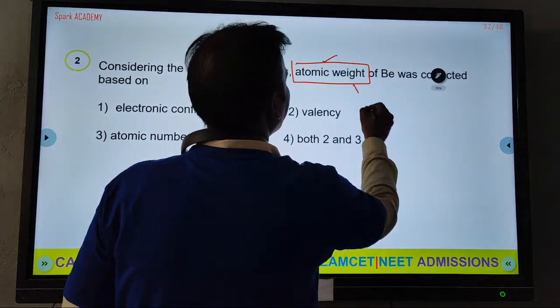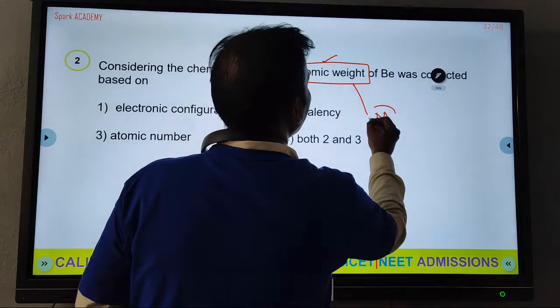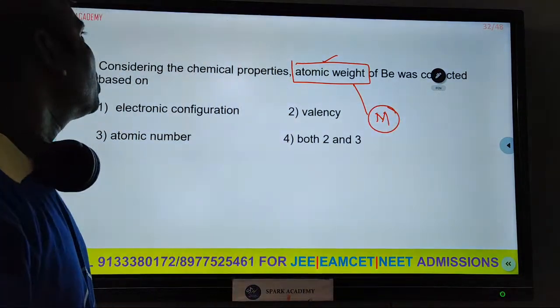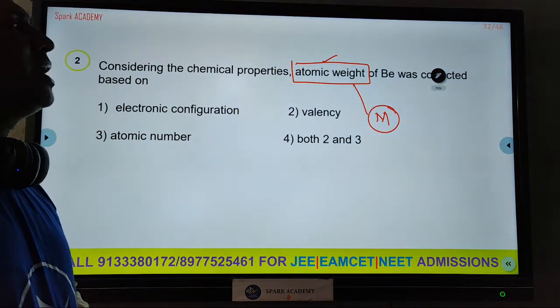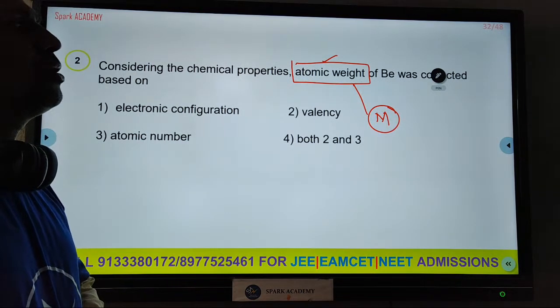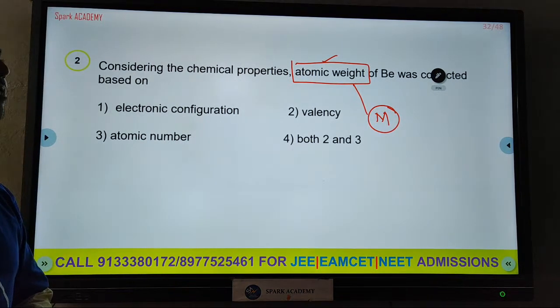Atomic weight is the fundamental property of the Mendeleev periodic table. Considering physical and chemical properties depending on increasing atomic weight, that is the Mendeleev periodic table. In that, Mendeleev corrected some elements' atomic weights, because compared with previous periodic tables, some atomic weights of the elements were wrong. Like beryllium, which was corrected based on.